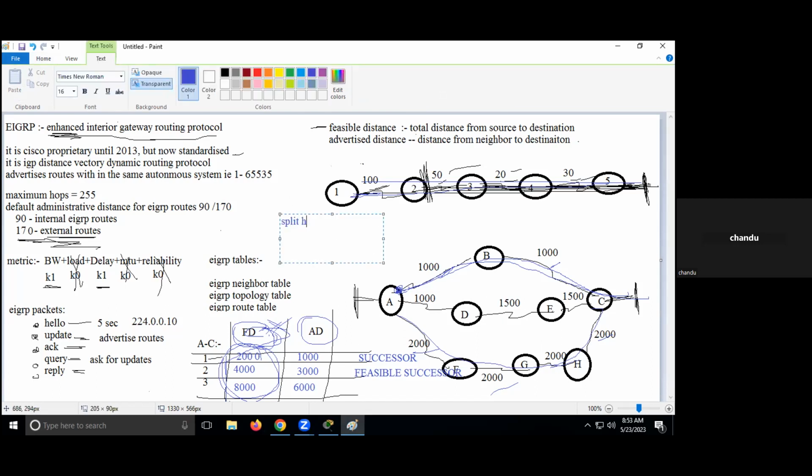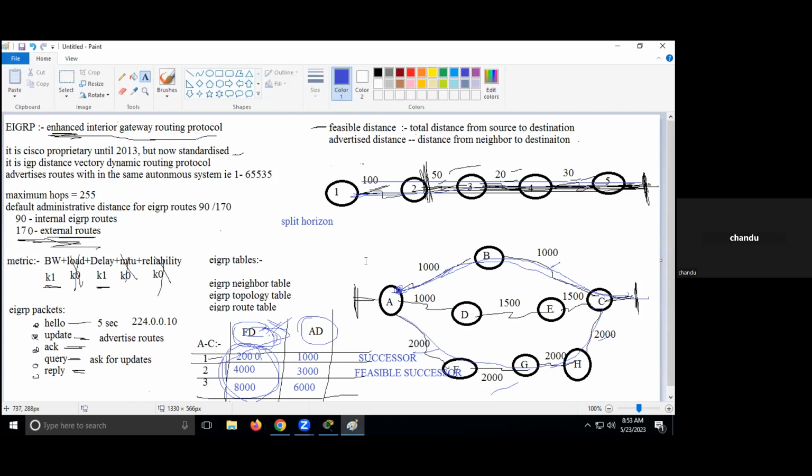According to split horizon, a route that is advertised on an interface will not be re-advertised back. Router 1 advertises 10.0.0.0 to router B, and router B will not advertise that route back to router A.